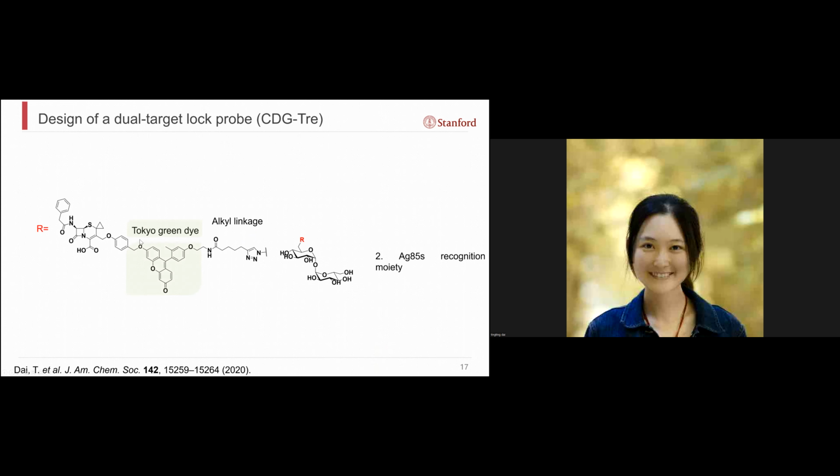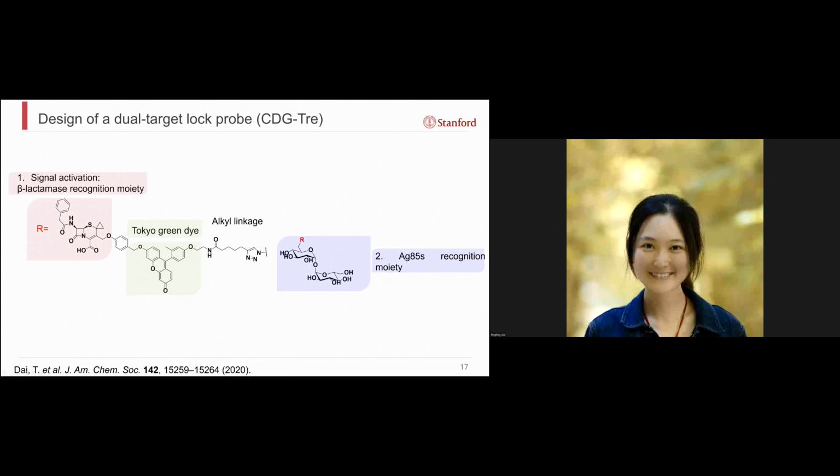So in this case, we used a similar dye for reporting, and a similar beta-lactamase recognition moiety. But then we changed the second targeting moiety into a cell wall structure, the trehalose sugar.